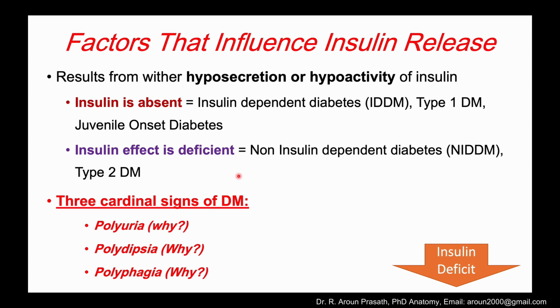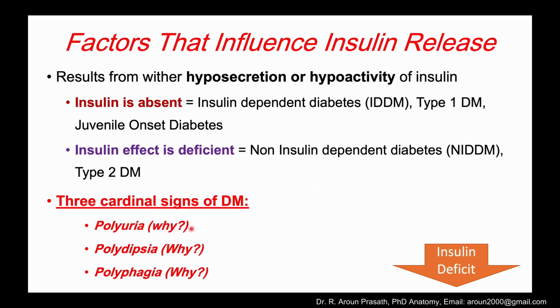This type of diabetes is called non-insulin dependent diabetes. These patients have no need to inject insulin, but they have to take oral medications to activate these kind of insulin receptors of the cell. Okay, this is what we call non-insulin dependent diabetes mellitus.